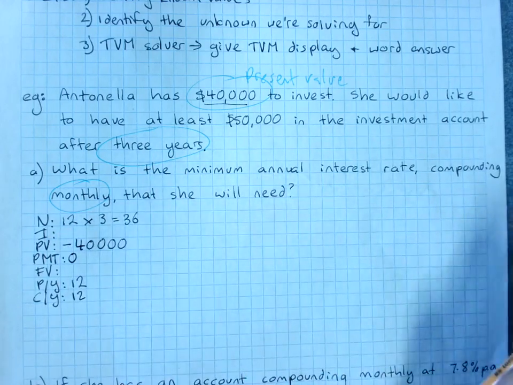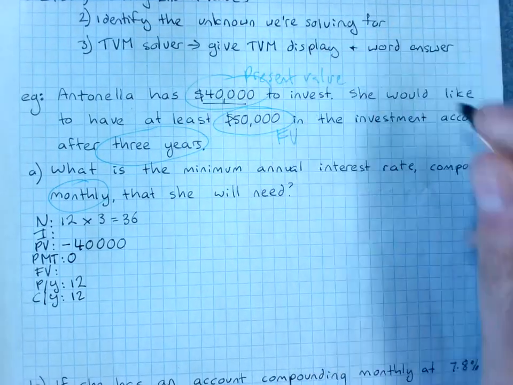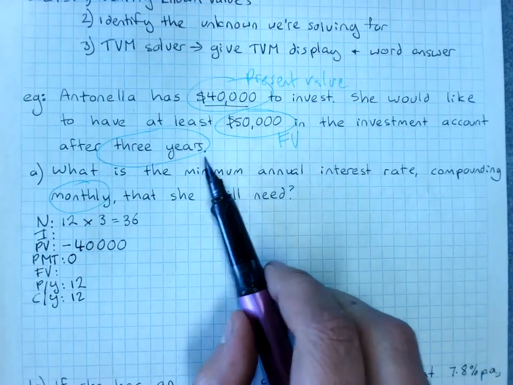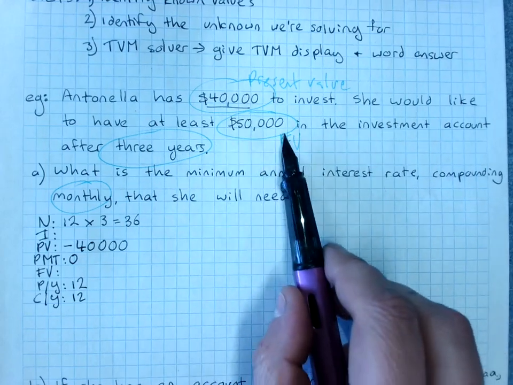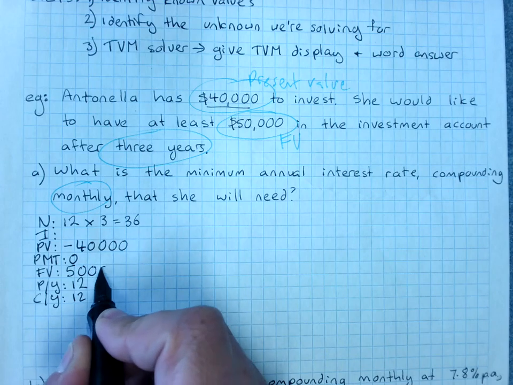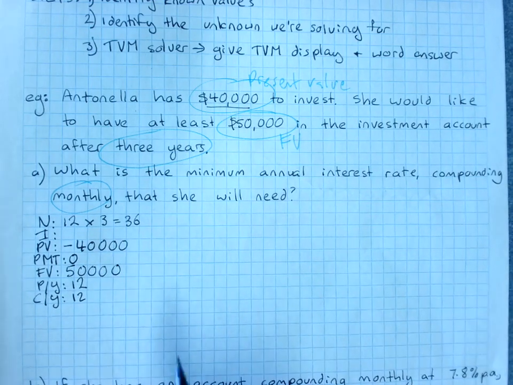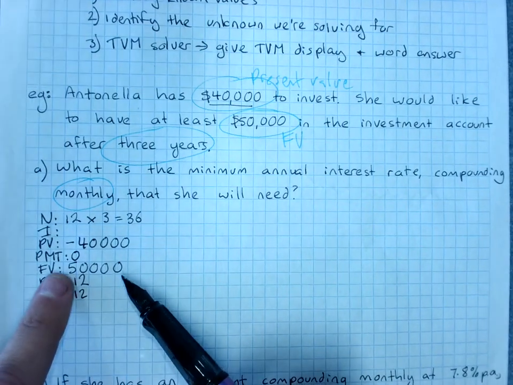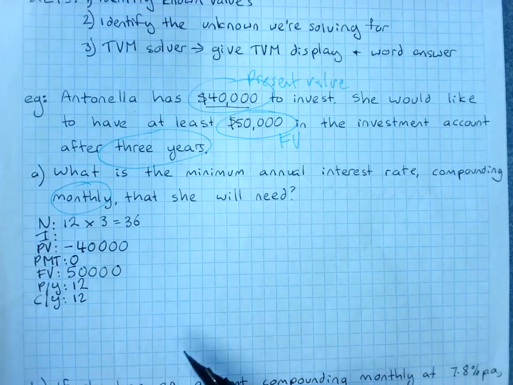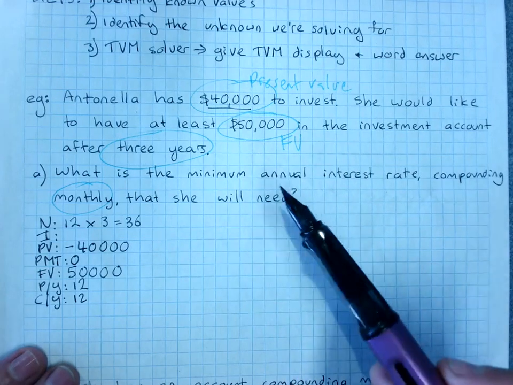And this is our future value, because after 3 years, into the future, she'd like to have this much. So we put our future value in. Now your future value will need to go in as a positive, because of course what we want to happen is she's getting back 50,000 at the end of the 3 years.